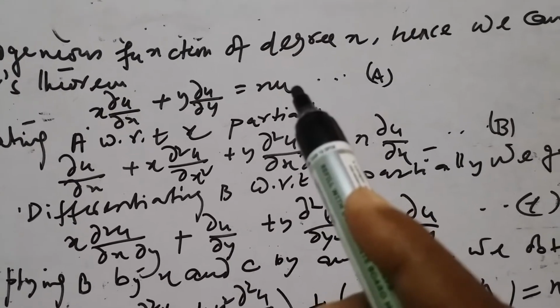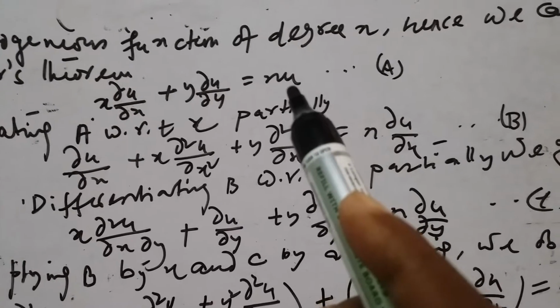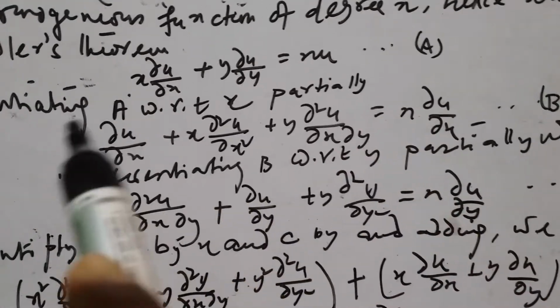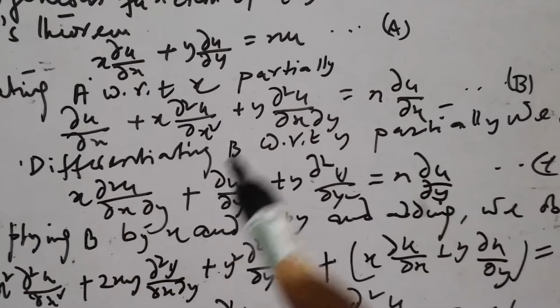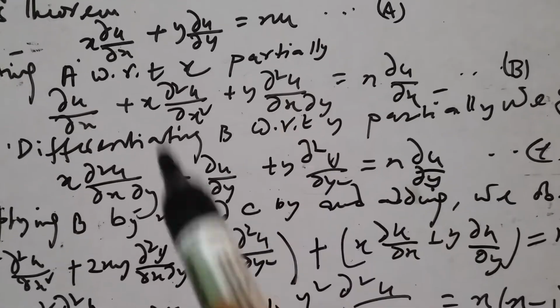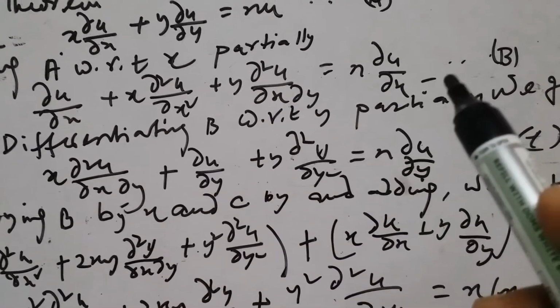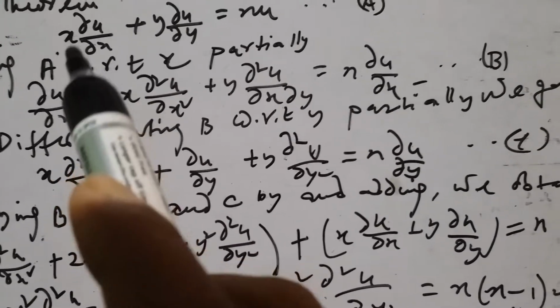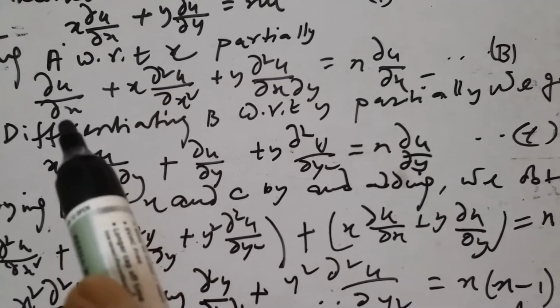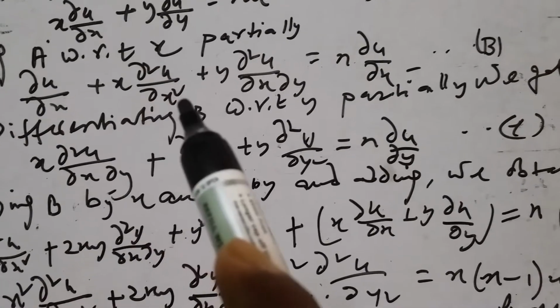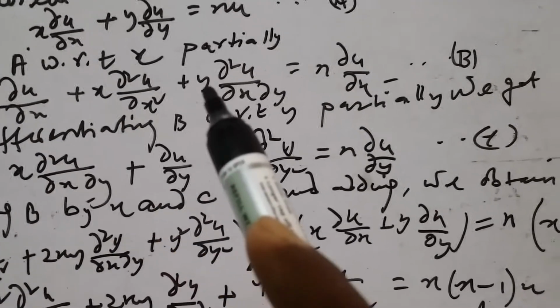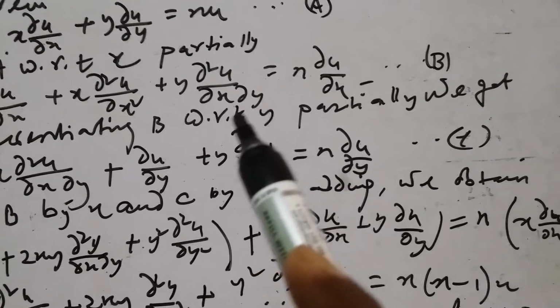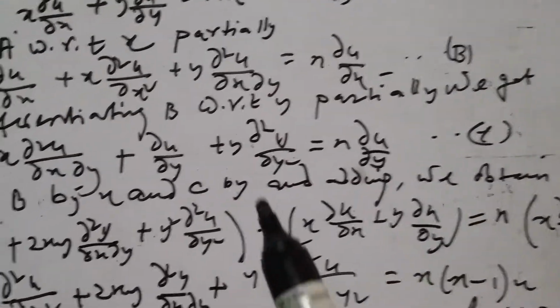So if u is a homogeneous function of degree n and you differentiate with respect to x, you get x del 2u by del x square plus y del 2u by del x del y plus del u by del x equal to n del u by del x.